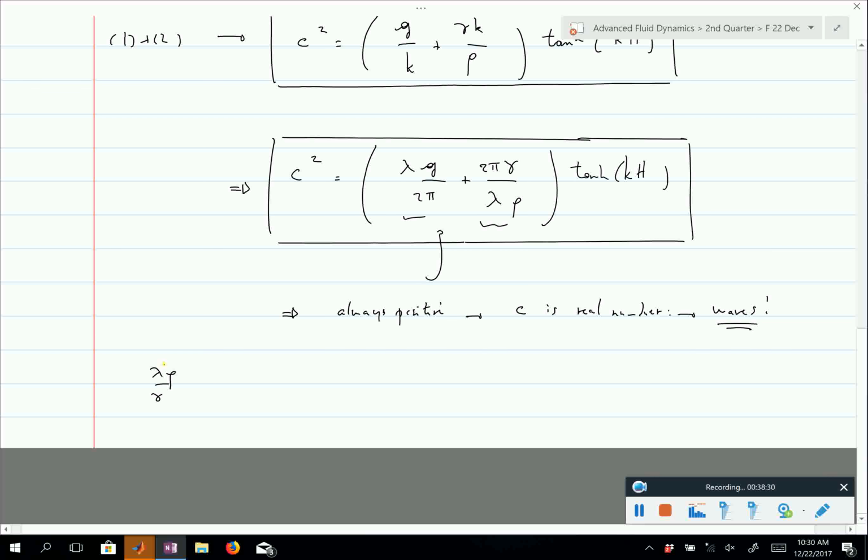So then I get this lambda squared times g. This here is a bond number, right? So remember that here is your bond number, so it's the relative importance of the gravity effect to surface tension effect. So when that bond number is small, the dominant effect is surface tension. When the bond number is large, the dominant effect is gravity.